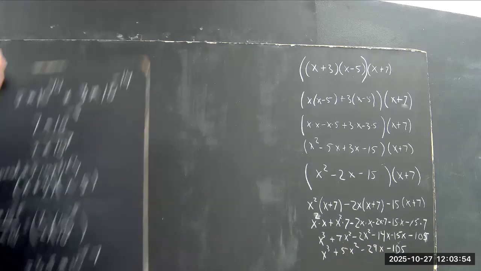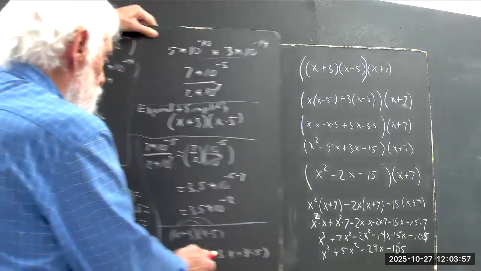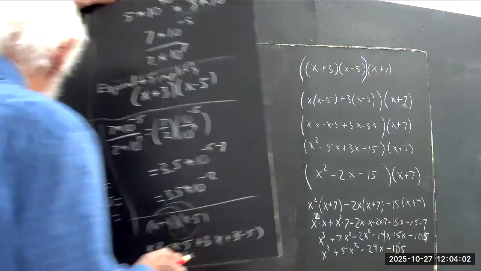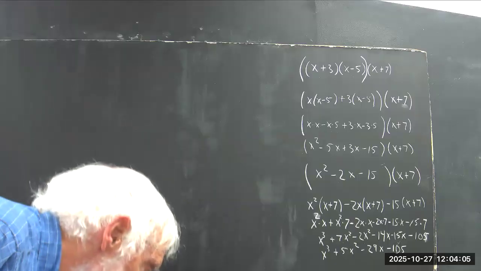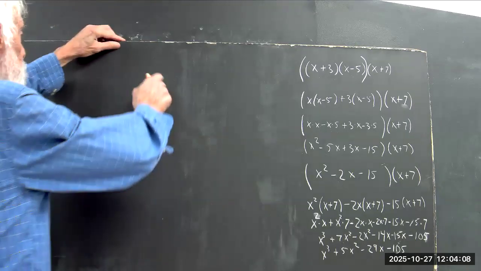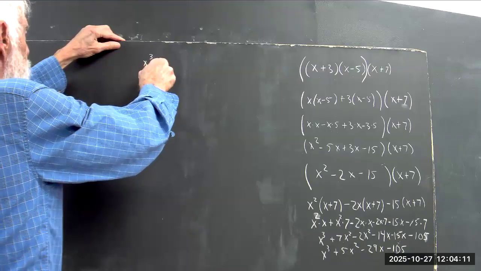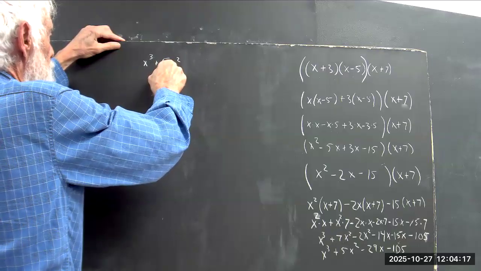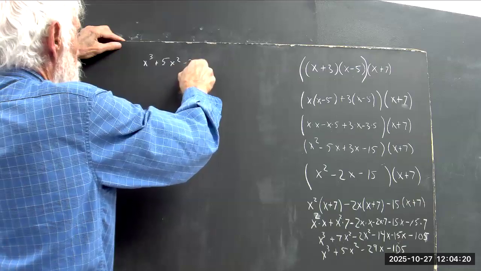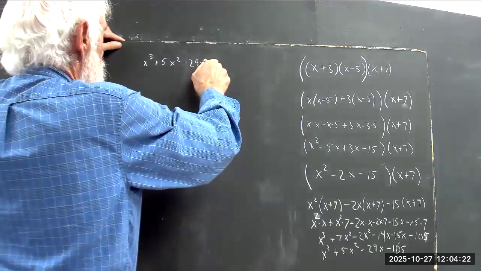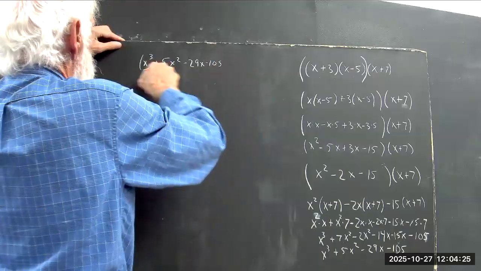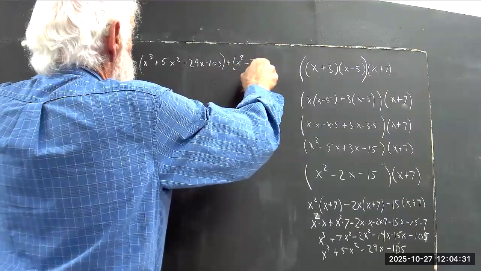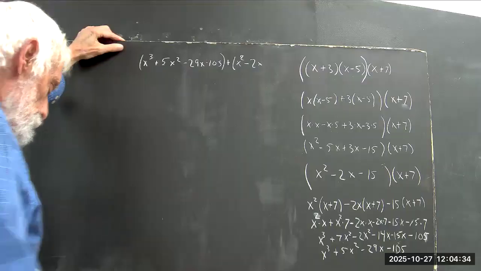What the heck, I'm going to add it to my x squared minus 2x minus 15. So I'm going to get the polynomial x cubed plus 5x squared minus 29x minus 105, plus x squared minus 2x minus 15.